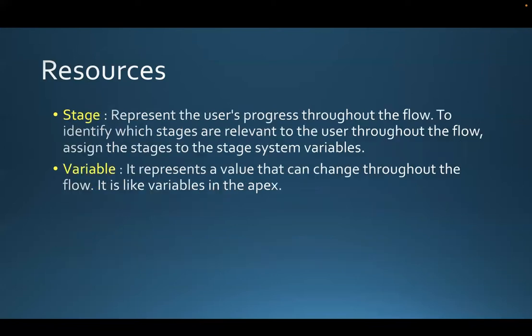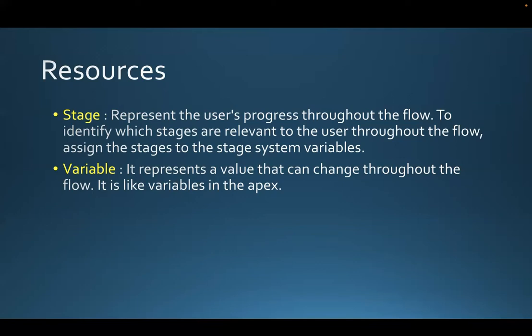Okay, you have a stage. Stage represents the user's progress throughout the flow. So if you are creating a wizard, and you need to store the stages of your wizard, you can use this resource to track the stages for the user.